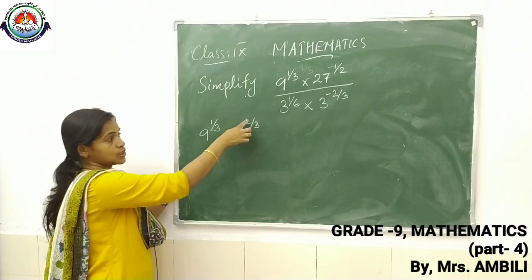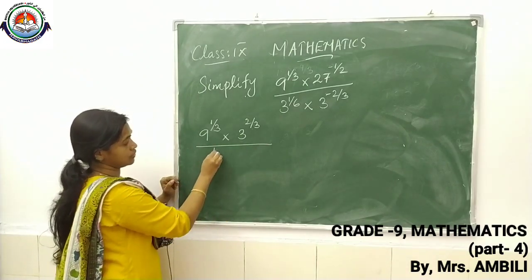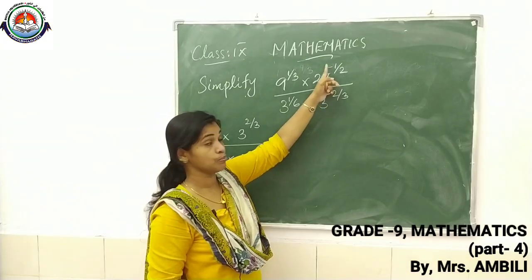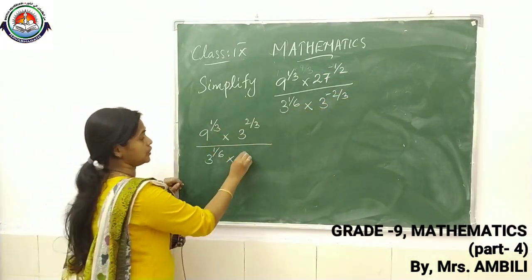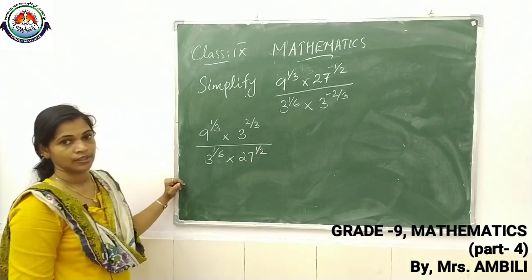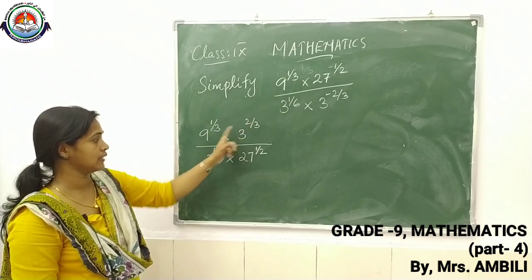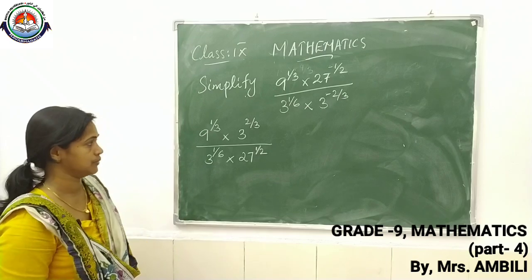It will change to 3 raised to 2 by 3 divided by 3 raised to 1 by 6 into this 27 raised to minus 1 by 2 we are taking down. How will it change? 27 raised to 1 by 2. Clear? So, 9 raised to 1 by 3 into 3 raised to 2 by 3 by 3 raised to 1 by 6 into 27 raised to 1 by 2.